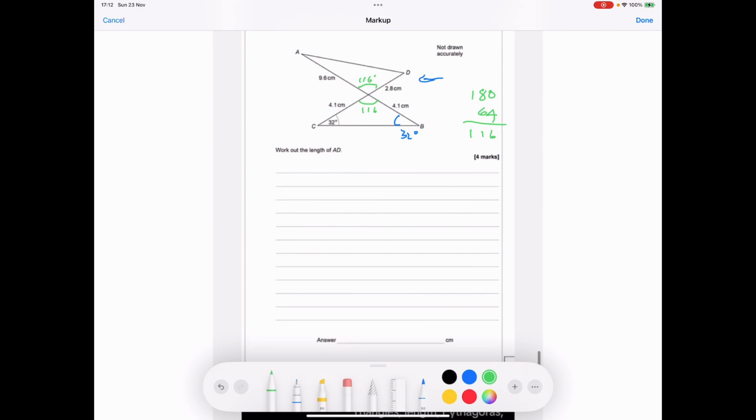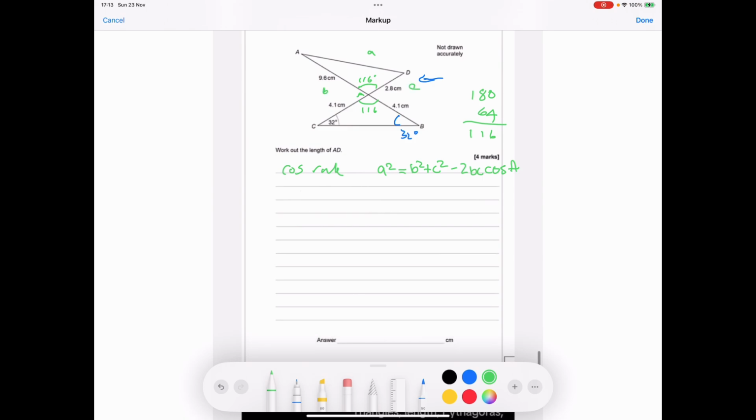Now, the only way I can see to do this is using the cos rule, which is a squared equals b squared plus c squared minus 2bc cos A. So this is little a, this is b and c.